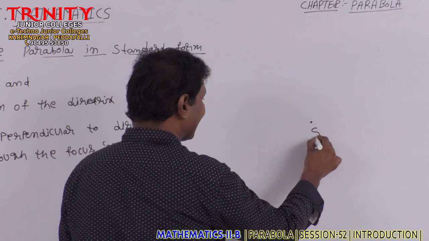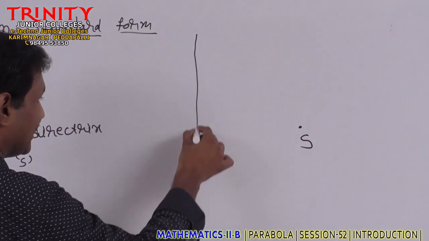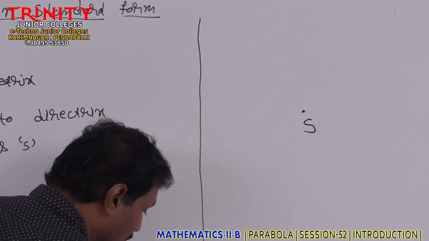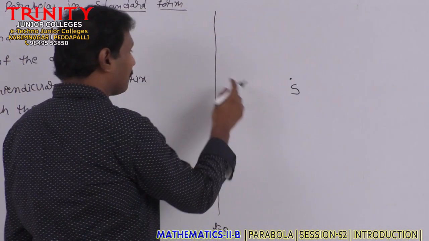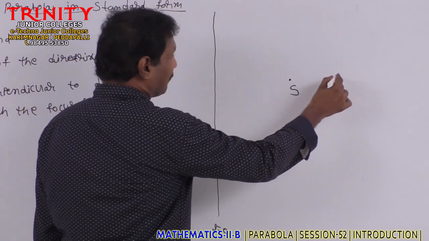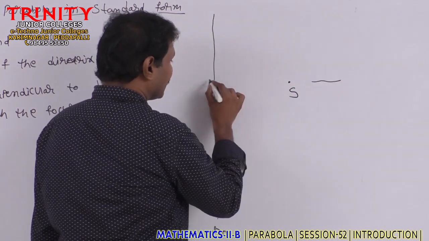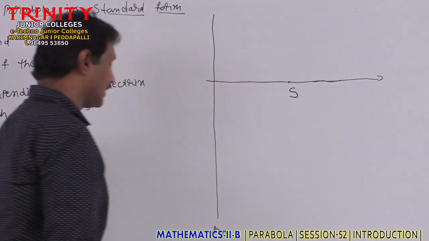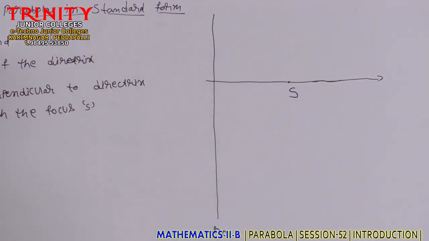This is the focus S, and this is the line, the directrix, L equal to 0. We draw a line perpendicular to the directrix that passes through the focus.